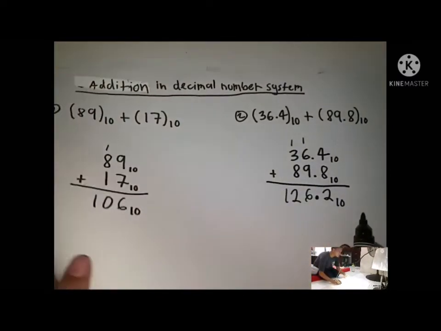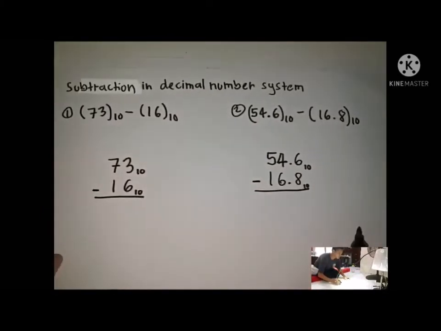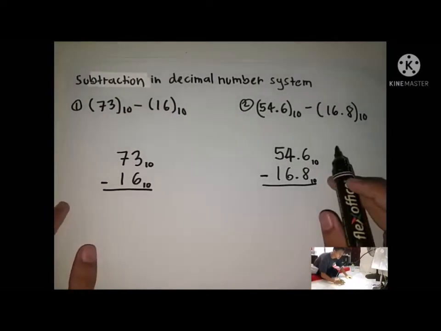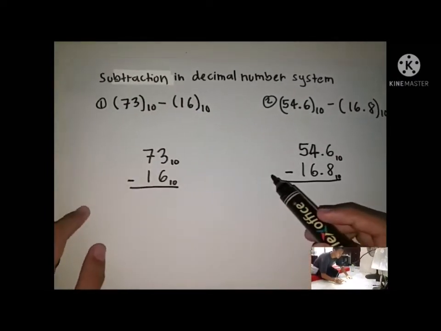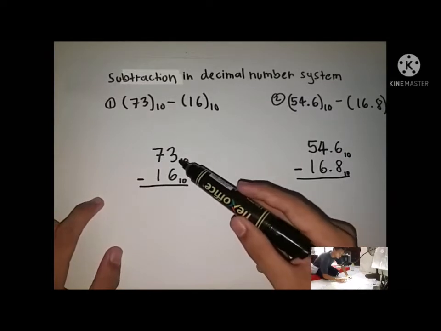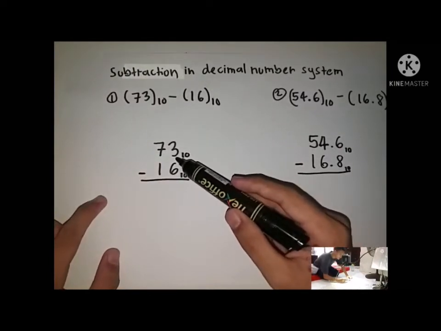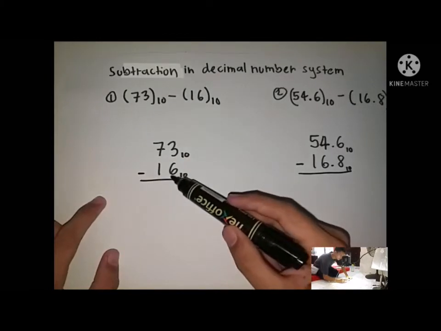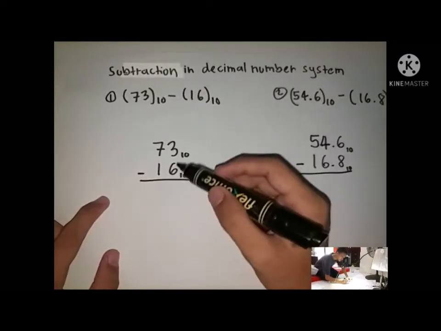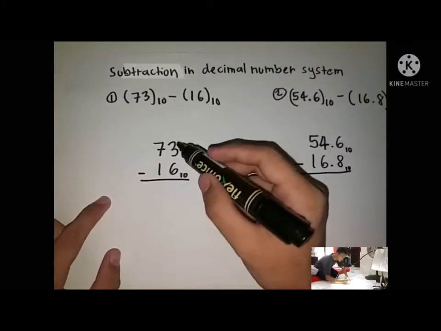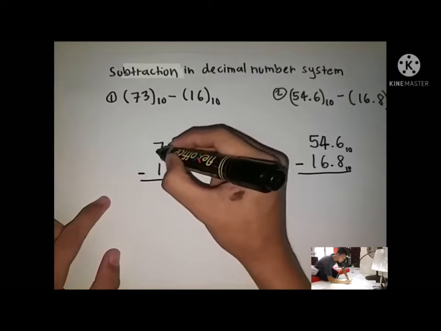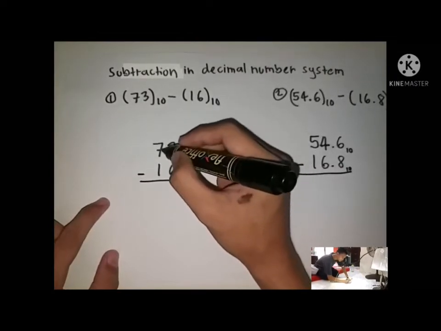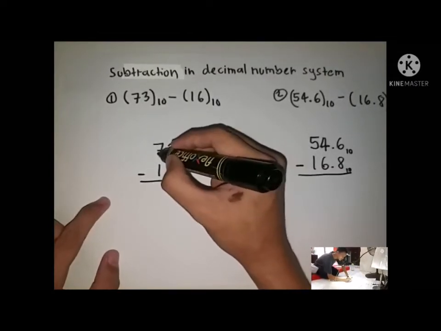So let's proceed to the subtraction in the decimal number system. Here is the first example of subtracting two numbers in the decimal number system, 73 minus 16. First we need to borrow 1 from 7.